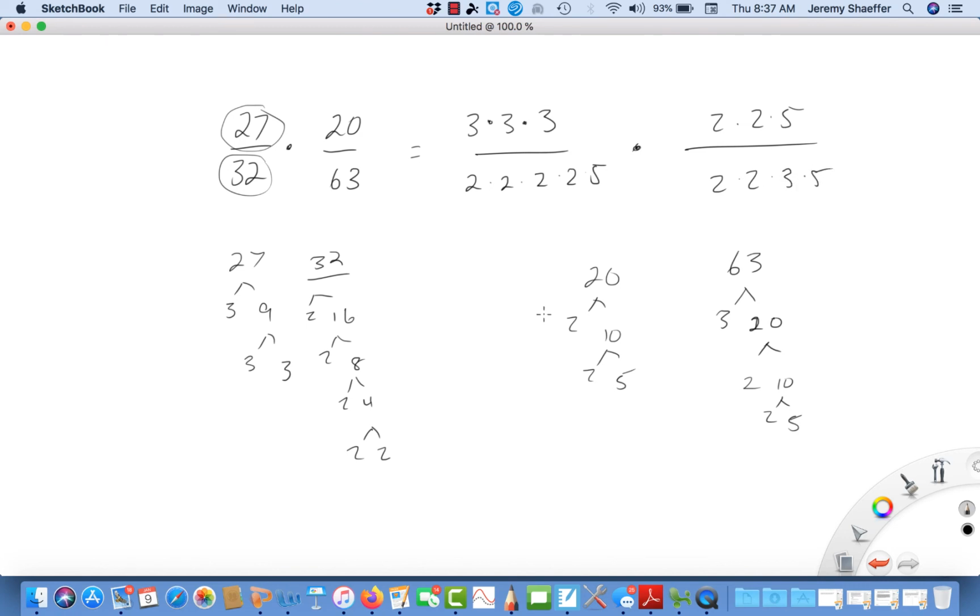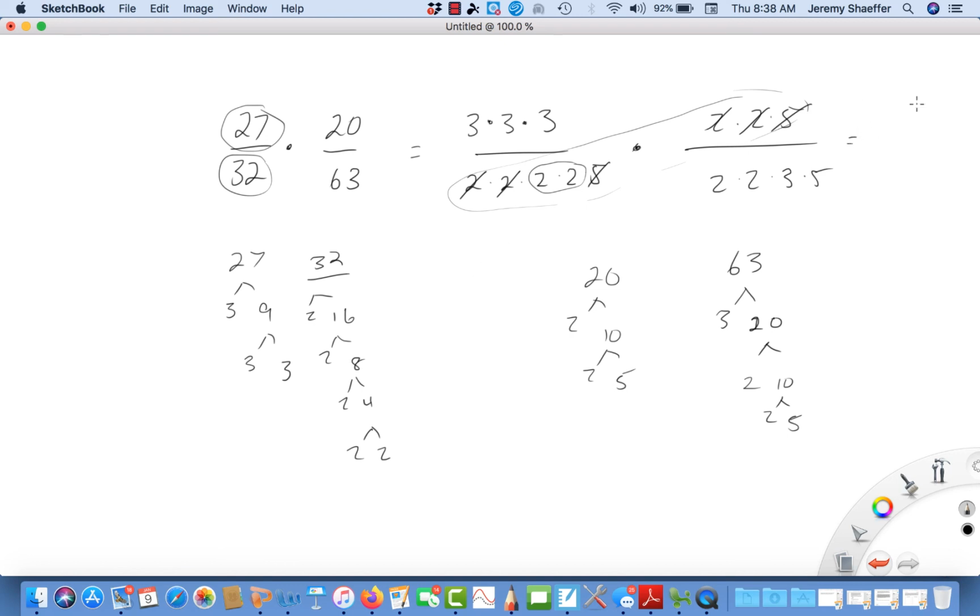Okay, so with this, let's go across. We're still looking at across here, and we're just simply trying to make this easier on ourselves, as far as instead of multiplying 27 times 20 and actually doing all the work out and 32 times 63, we can simply eliminate those 2 2's, those 2 2's, and these 5's. So we're left with just 4 on the bottom because 2 times 2 is 4.